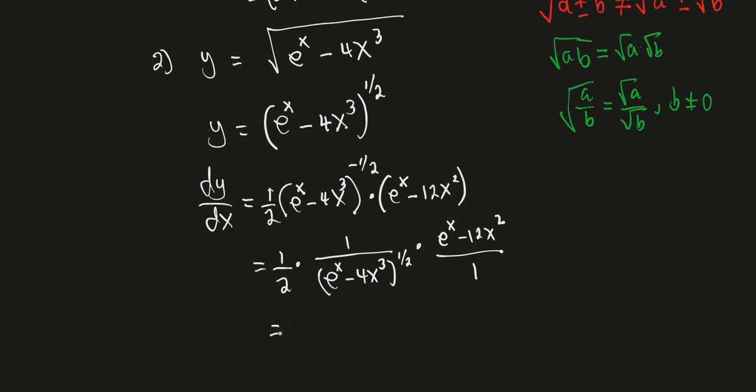So here is our answer as a single fraction, and I'll switch this denominator back to the square root notation. So it's e to the x minus 12x squared all over 2 times the square root of the quantity e to the x minus 4x cubed, right? So that's our derivative. All right, let's look at another example.